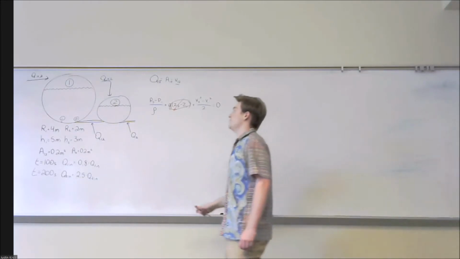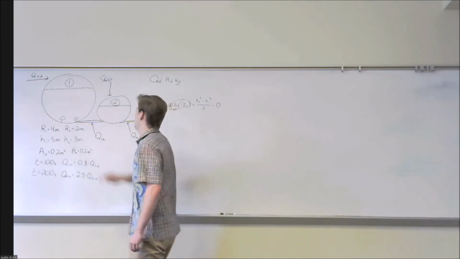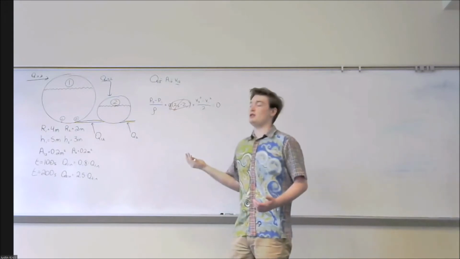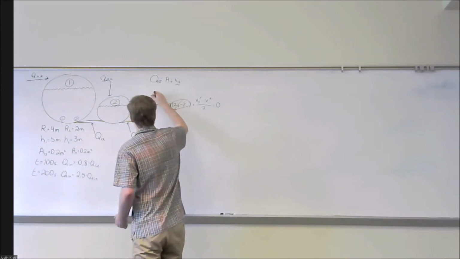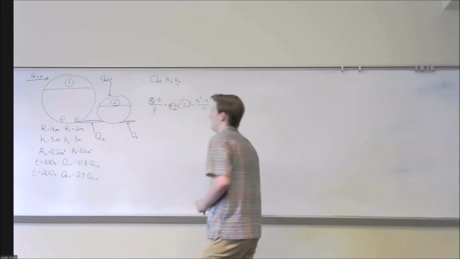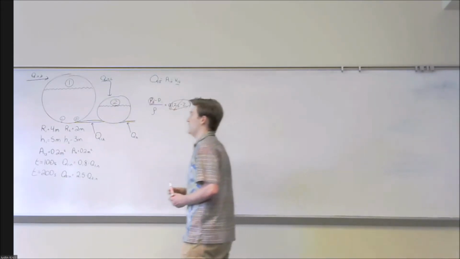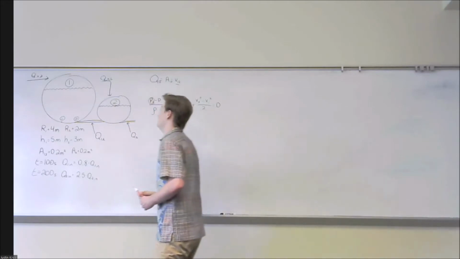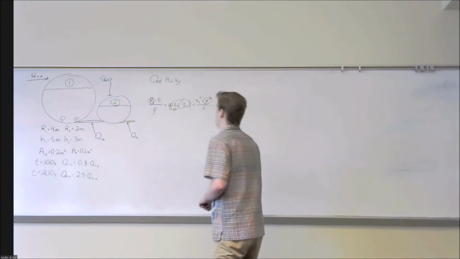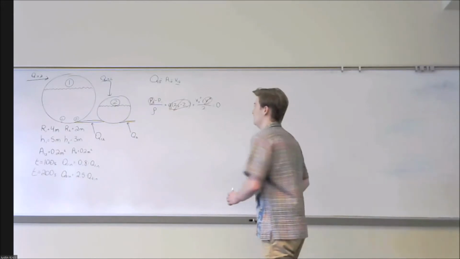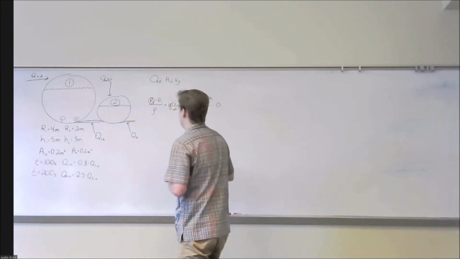We also say that the inlet flow right here is equal to the atmospheric pressure. So I'm going to call that 0. So the pressure at 2 becomes 0, as well as we're going to say the velocity at point 1 equals 0. So V1 squared equals 0, just like that. Now we can solve for P1.